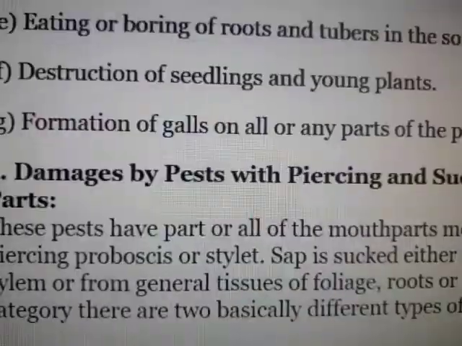Third, the insects that cause disease, or they are the vectors of disease.